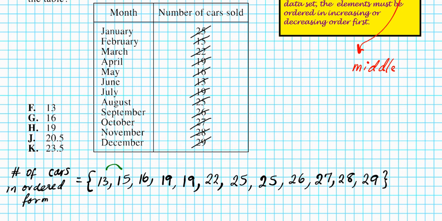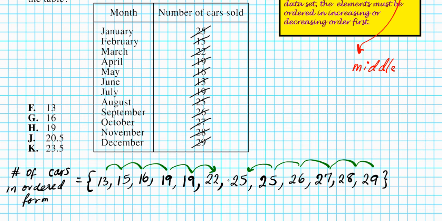So if we count 1, 1, 2, 2, you can use your two hands for this. 3, 3, 4, 4, 5, 5. And that's basically it. You end up right here.